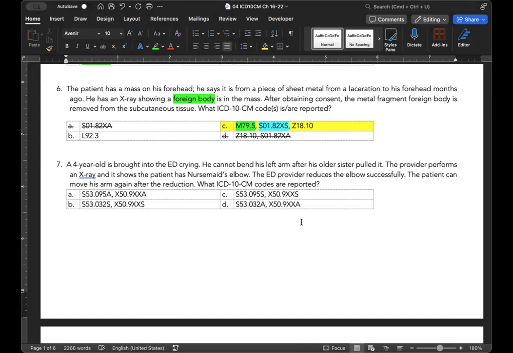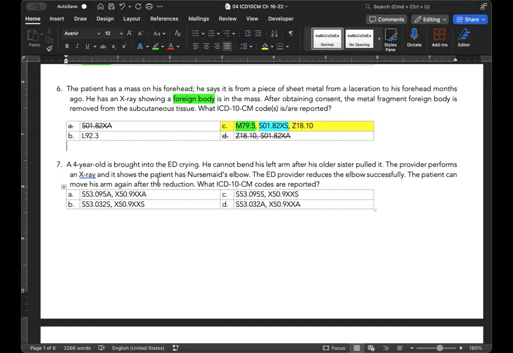We have S53.095, one with an A, one with an S, and then S53.032, one with an A, one with an S. So if we have an A and an S, we can assume that one is an initial encounter and one is a subsequent encounter, right?